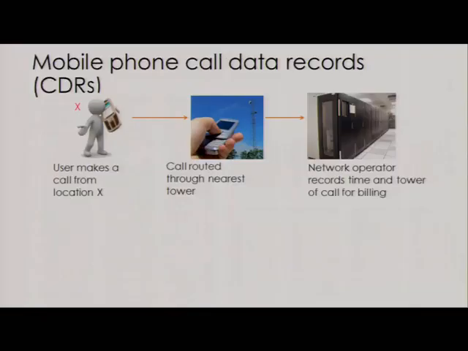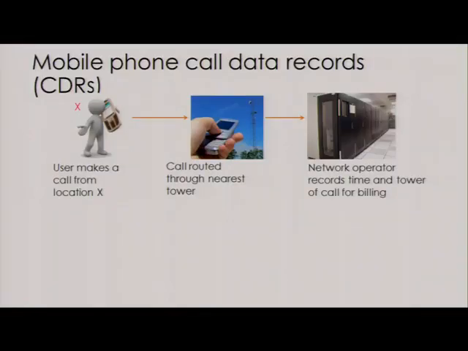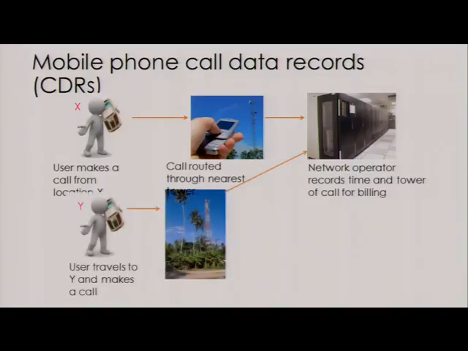So what we can use is a source of information, the mobile phone call data records. So you may make a call here, it's routed through the nearest mobile phone tower, and the network operator records that anonymously for billing purposes, the time and the tower of that call. If you move to a new location, you make another call, that is recorded again.